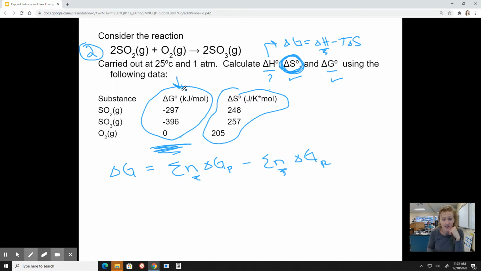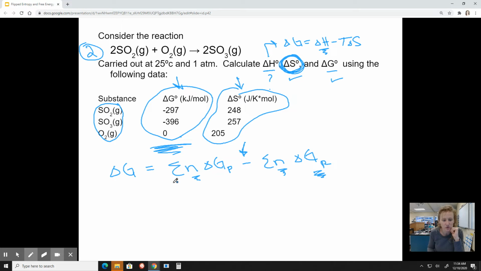Again, just like enthalpy of formation, the entropy values and the free energy values listed at the end of the book in the appendix are for a reaction where the substance listed is the product. So that's why you need that negative symbol here if you're going to list it as a reactant. You have to flip the sign, right?